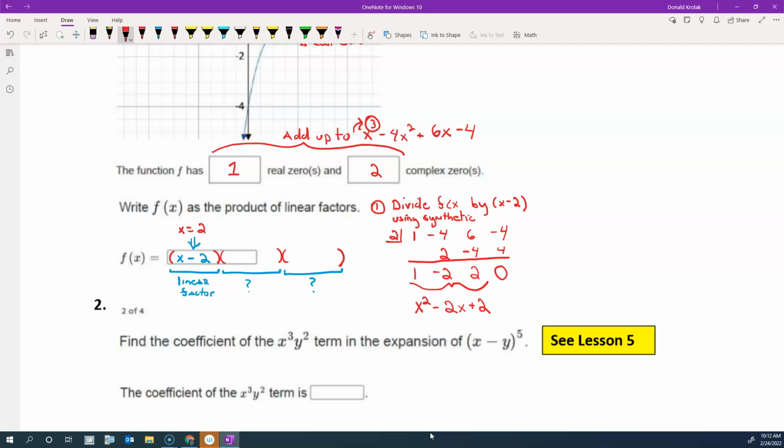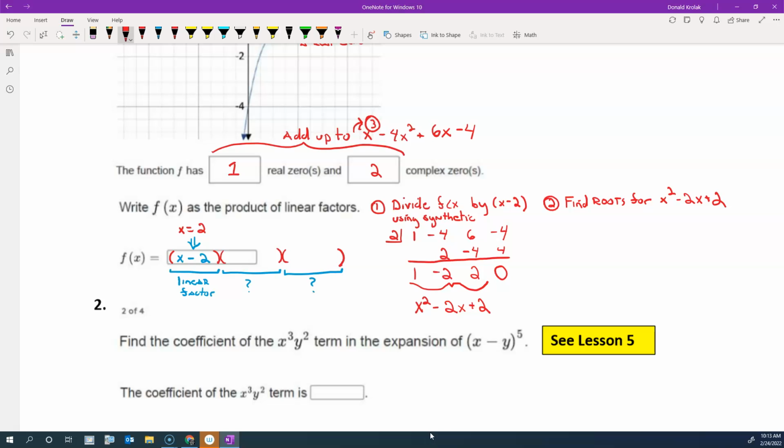All right, so now what you do is find the roots of this. This is called a reduced polynomial. So now we're going to find the roots for x squared minus 2x plus 2. And since they're complex, we know we can't factor this.